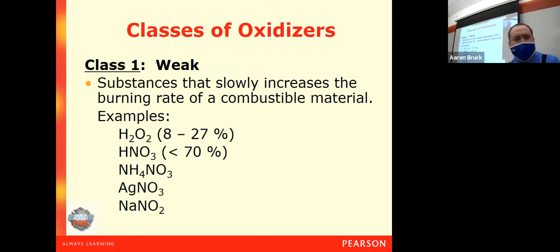Now notice, with the hydrogen peroxide, we are getting a concentration value here. Any concentration value between 8 and 27% hydrogen peroxide is considered a weak oxidizer. Now, this is not the same kind of hydrogen peroxide that you would buy at the drugstore.